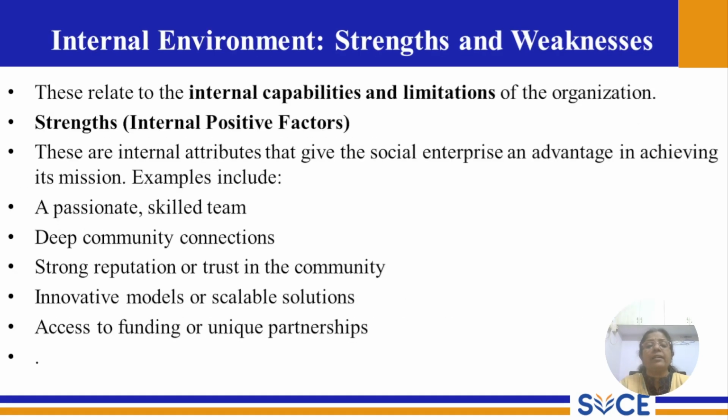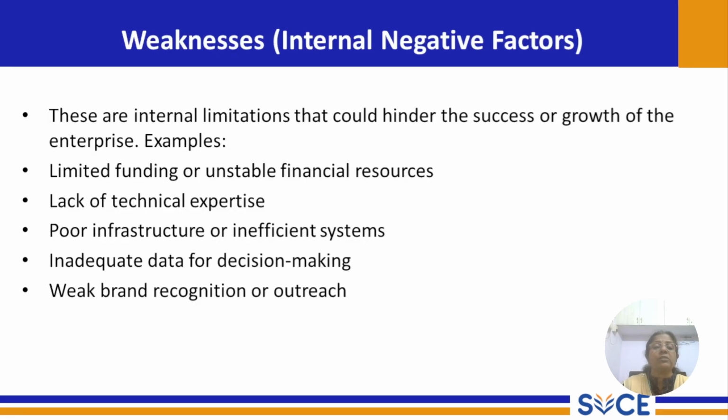Internal environment: strengths and weaknesses. These relate to the internal capabilities and limitations of the organization. Strengths, internal positive factors. These are internal attributes that give the social enterprise an advantage in achieving its mission. Examples include a passionate, skilled team, deep community connections, strong reputation or trust in the community, innovative models or scalable solutions, access to funding or unique partnerships.